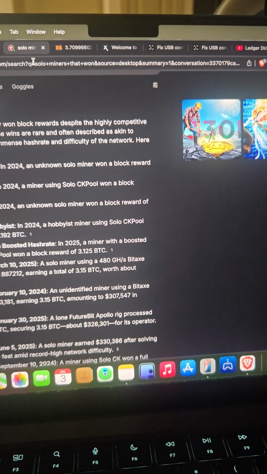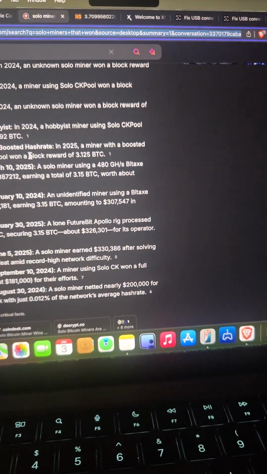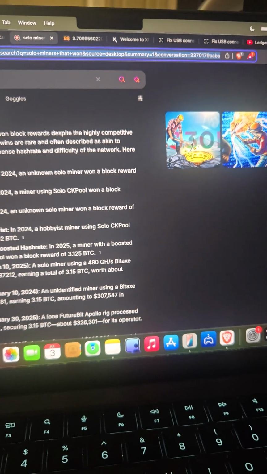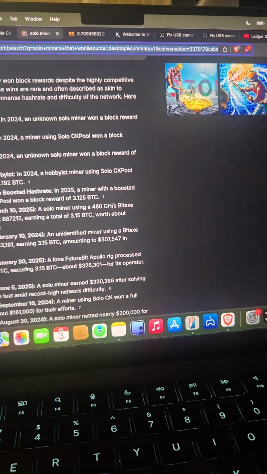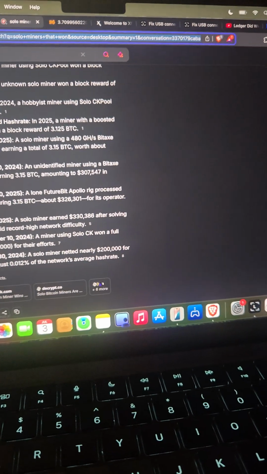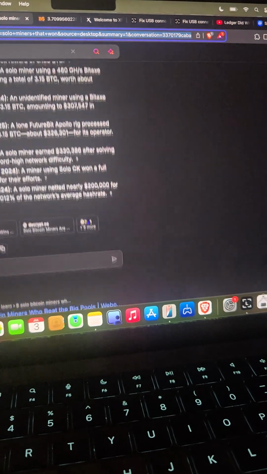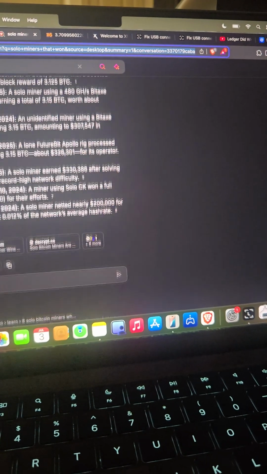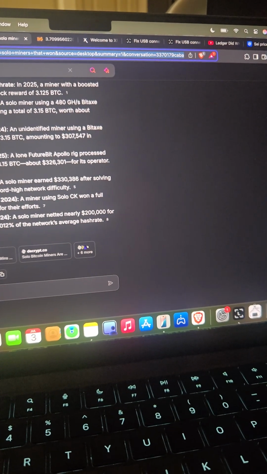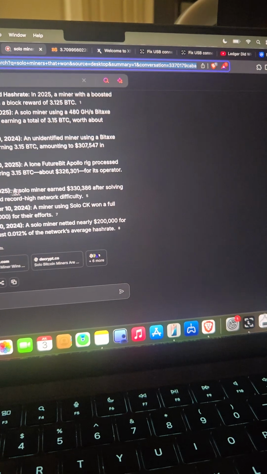Let's go back to the solo miner and look at all these instances. There's been 11 instances since 2024 where a solo miner won, and some of these were in 2025. This one just happened, June 5th, 2025.